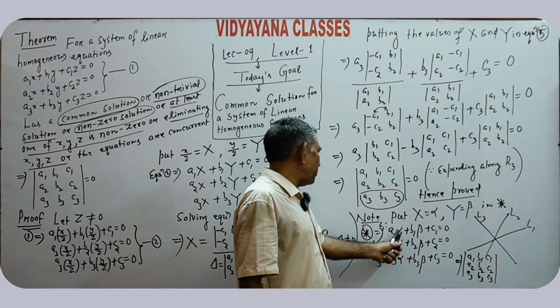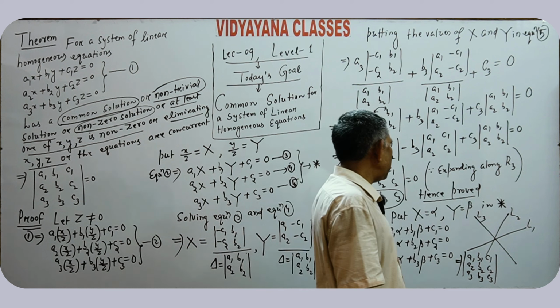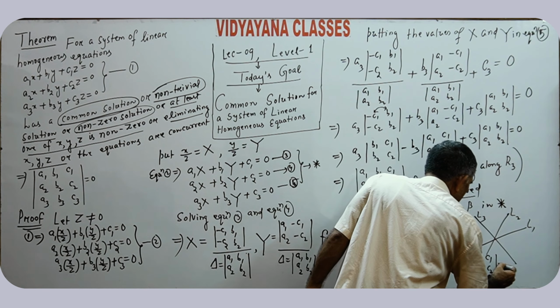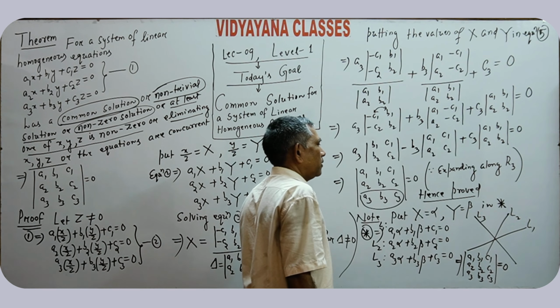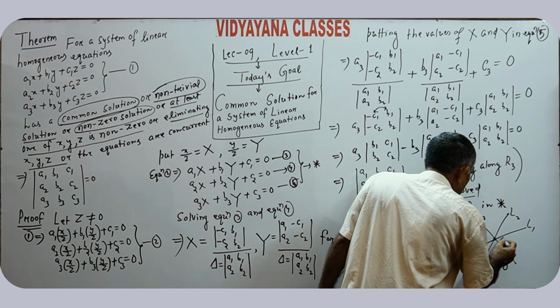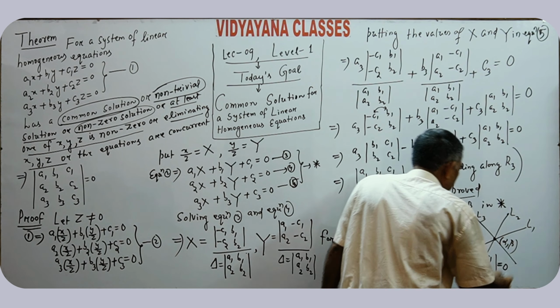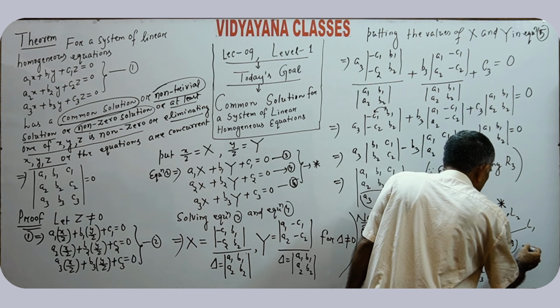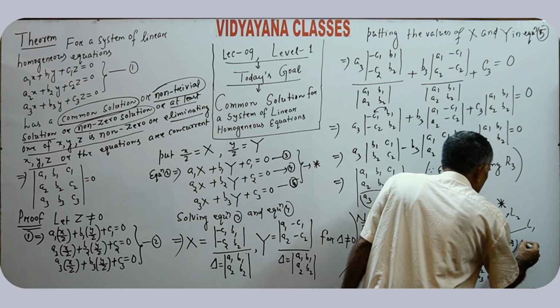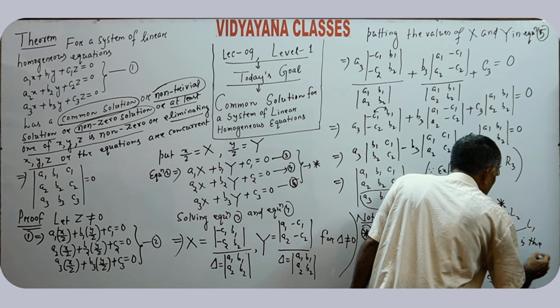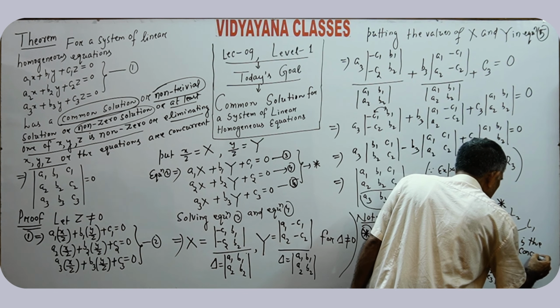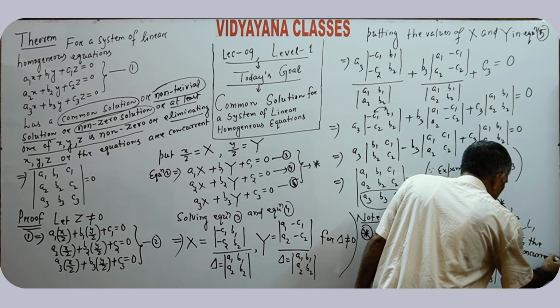Here alpha means capital X and beta means capital Y. The point alpha, beta is the concurrent point.